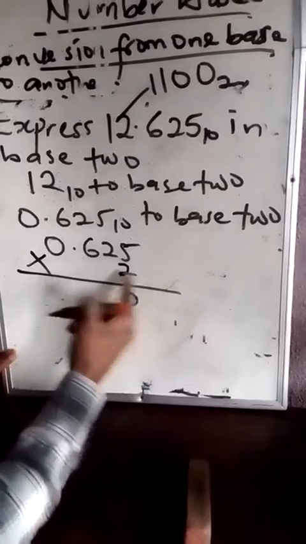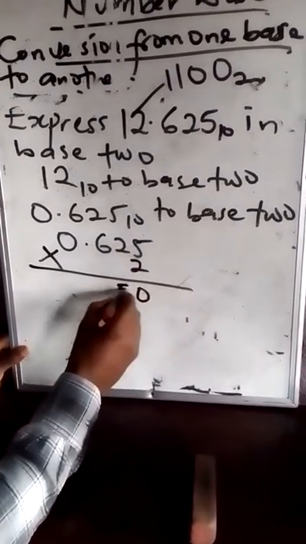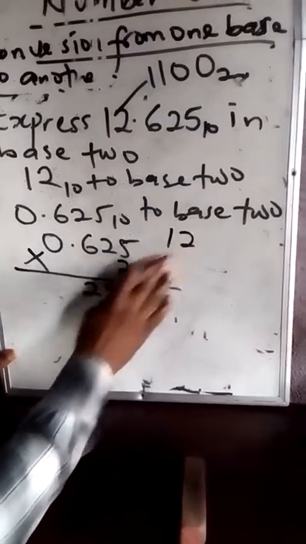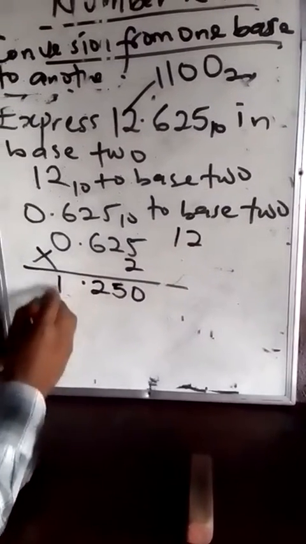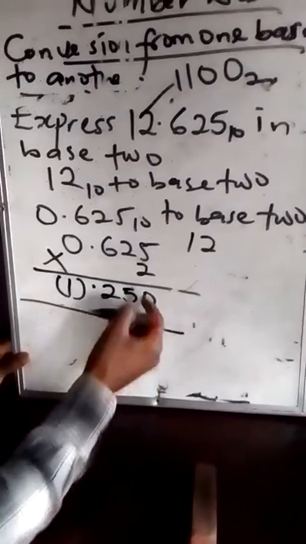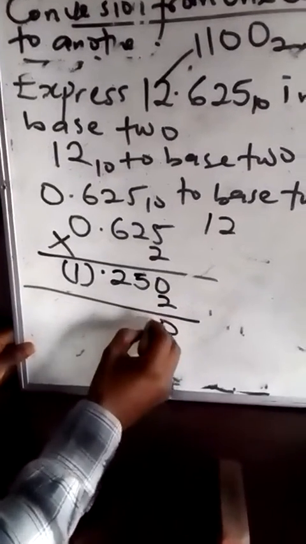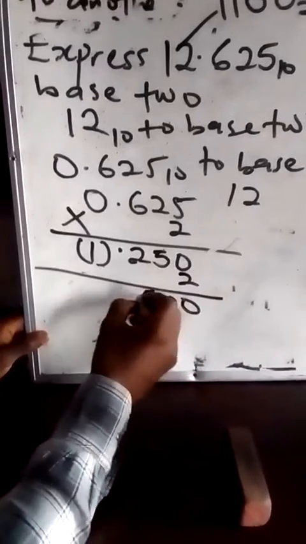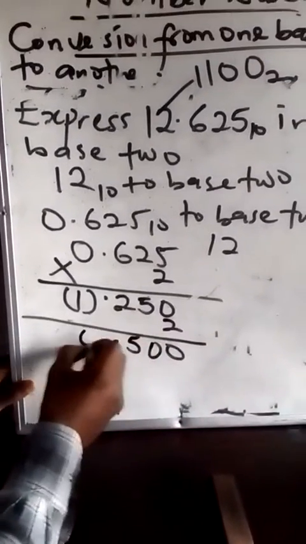Write 0, keep 1. 2 times 2, 4, plus 1, that is 5. 2 times 6, 12. So you write 1 in front of the point. You use this 2 again. 2 times 0 is 0. 2 times 5, 10. The 1, keep it. 2 times 2, 4, plus 1, 5. No, it doesn't remain. Whenever it doesn't remain, write 0.